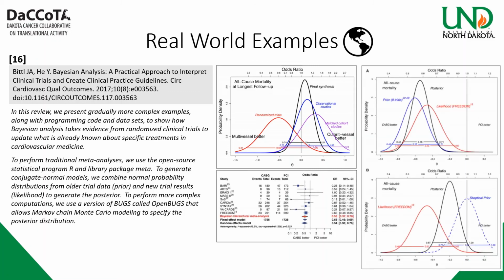You can see they took observational studies, cohort studies, and randomized trials to get a final synthesis of the odds ratio of all-cause mortality at the longest follow-up. We're doing the same sort of thing to get a posterior. So that's a nice visualization of this in action.